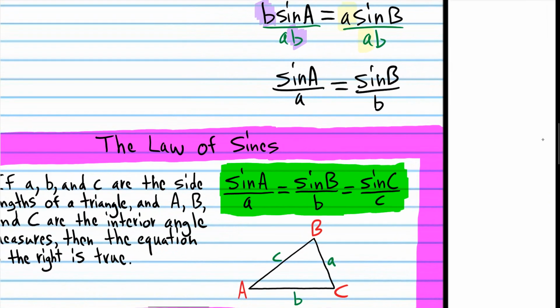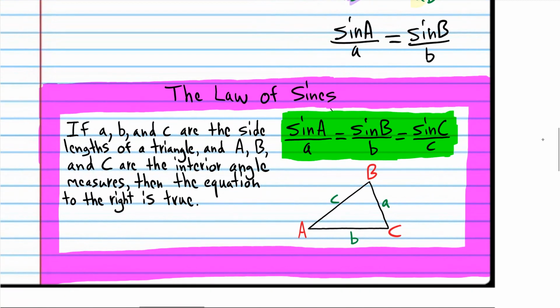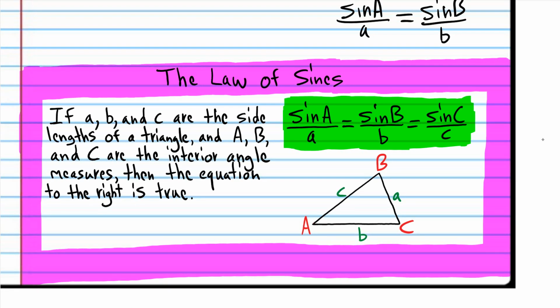If you do a similar proof, you can find that sine C over c is also equal to these ratios. So we actually have three expressions in the law of sines. But just be aware that when you actually use this law, you're only going to employ two ratios at a given time.